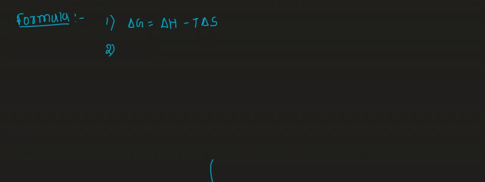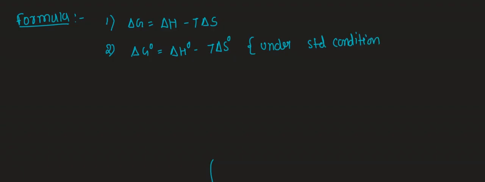If you are taking it under standard conditions, what is the formula? Delta G naught is equal to delta H naught minus T delta S naught. This is under standard conditions. Third formula: sometimes they provide the chemical reaction.